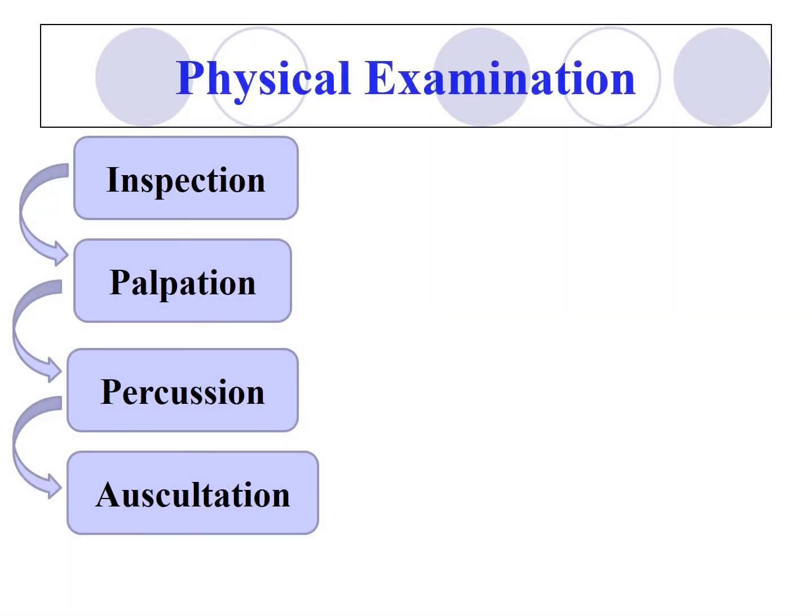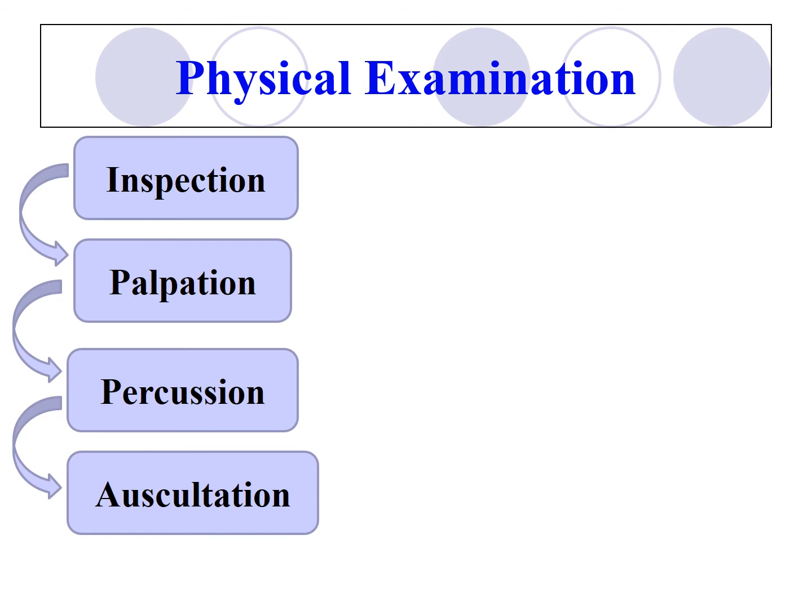Then we will go to physical assessment or physical examination. In physical examination, we have to do inspection. For inspection, as you took previously in health assessment, we will start with the inspection of the chest. We have to see the symmetry and the chest movement.